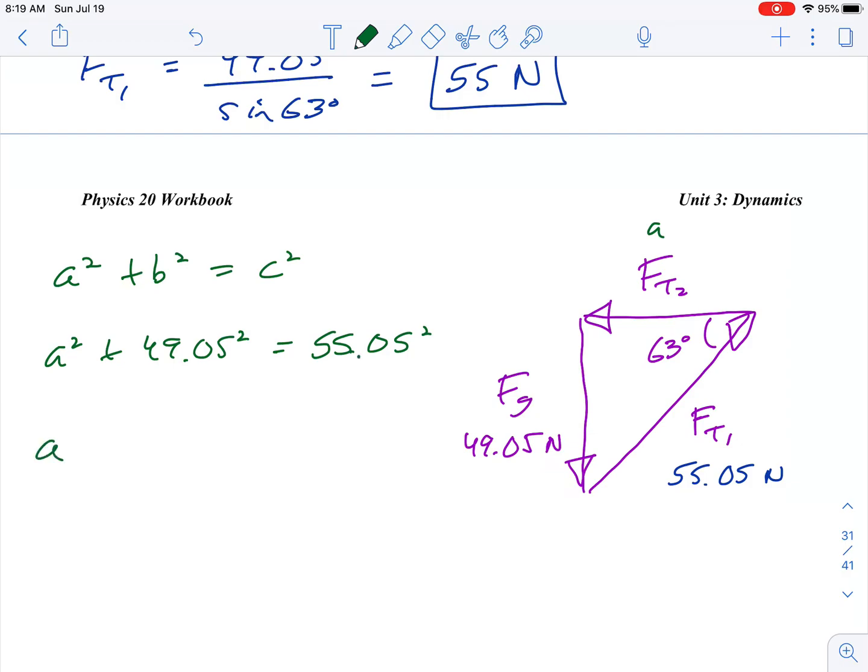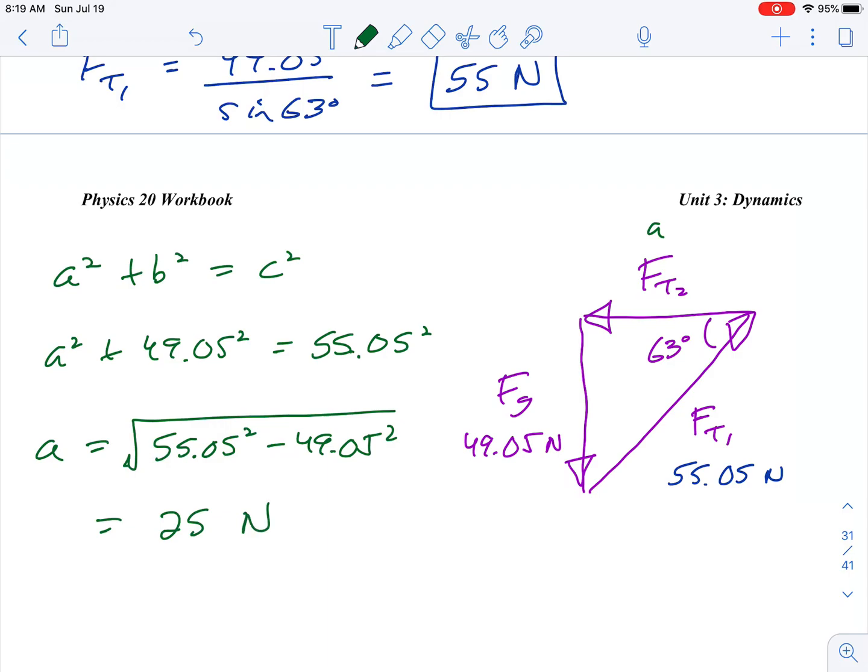We end up getting a as the square root of 55.05 squared minus 49.05 squared. This is another technique you guys can use. And that's about 25 newtons. So that would be Ft2.